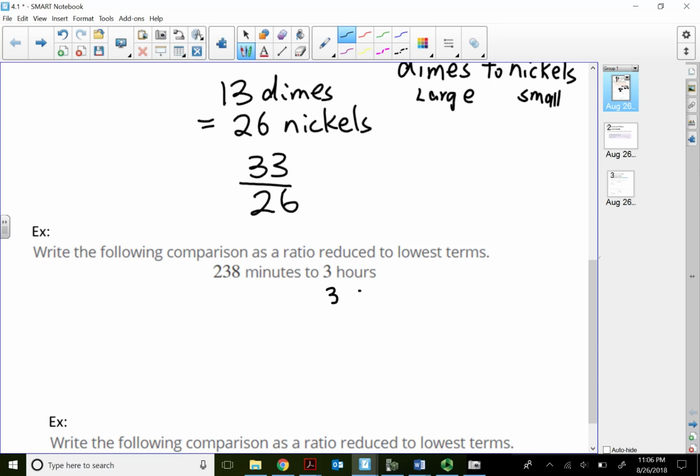Every hour is 60 minutes. Since I got 3 hours, we multiply by 60, which gives me 180 minutes. So 3 hours is equivalent to 180 minutes. Since 238 minutes goes first, that will be on the top of my fraction. So 238 compared to 180.